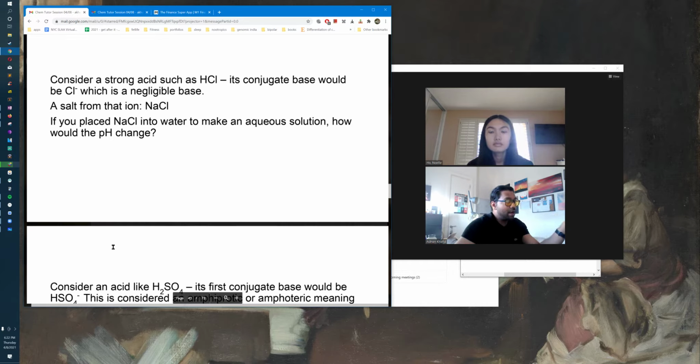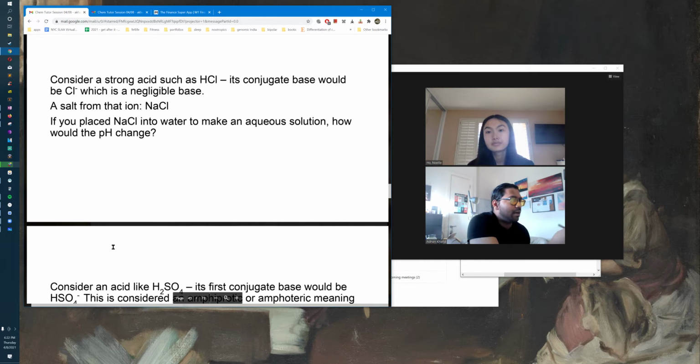Whereas if it's a strong acid, it's completely doing its job by dissociating, and the conjugate base can't do anything because it can't really act as a base. For the HCl, the Cl minus is not a strong enough conjugate base to take a hydrogen back to make HCl.